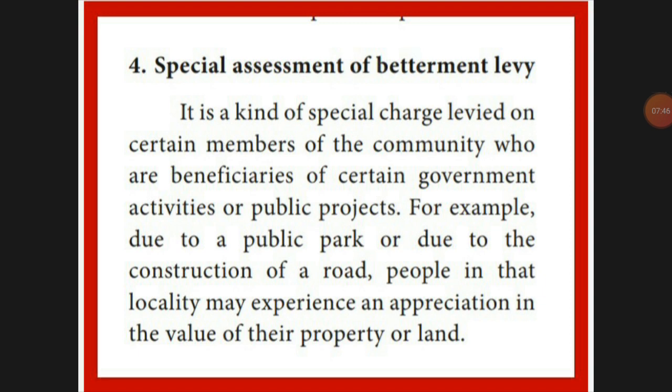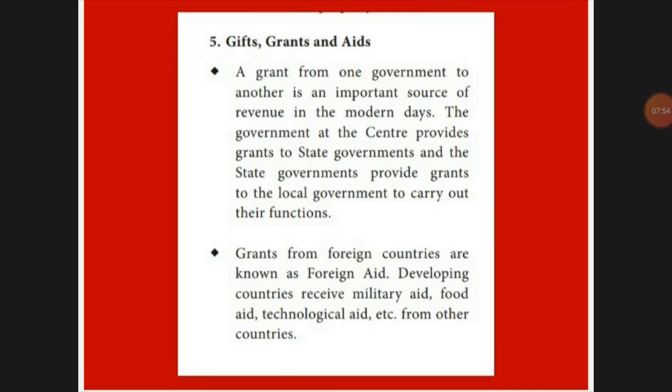That is called as a gift and grant aids. That means a central government to state, we can say the central government is giving a grant to its state government for the functioning of that public authority or any public welfare for the people. No, that can be treated as a grant.